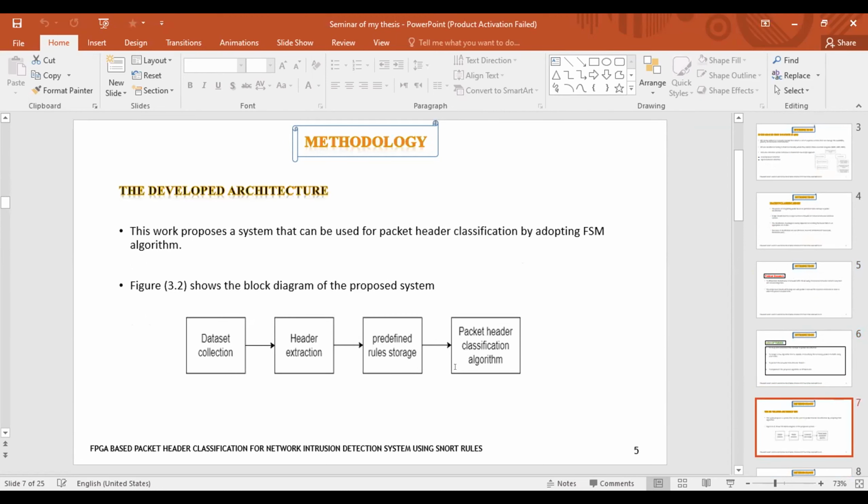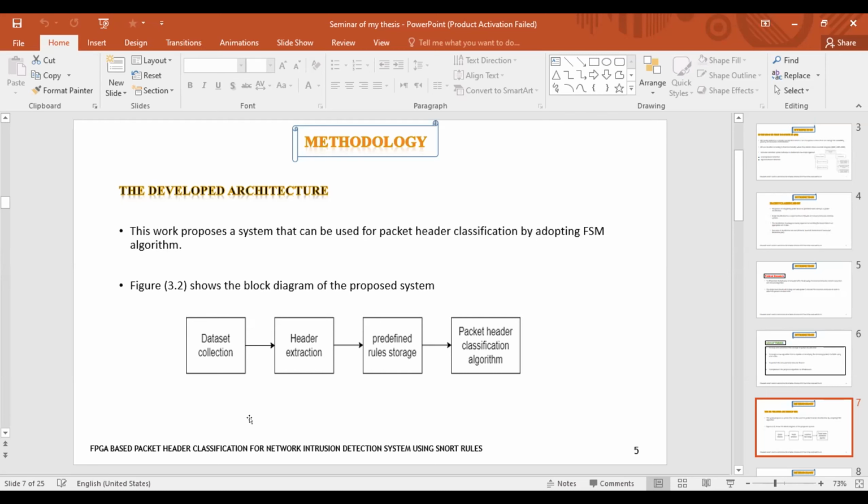So the methodology consists of a system that can be used for packet header classification by adopting a finite state machine algorithm. This figure shows the block diagram of the proposed system. The proposed system consists of four main operations.